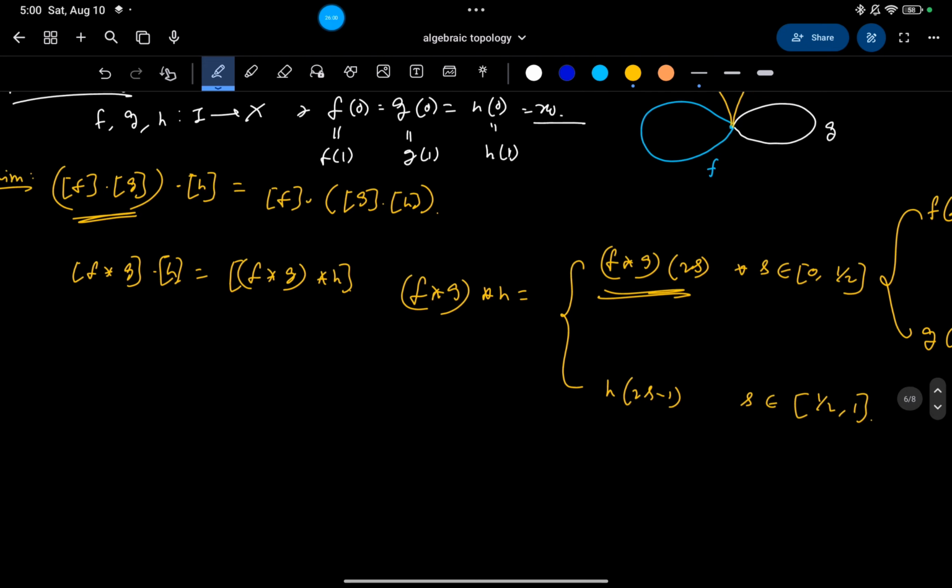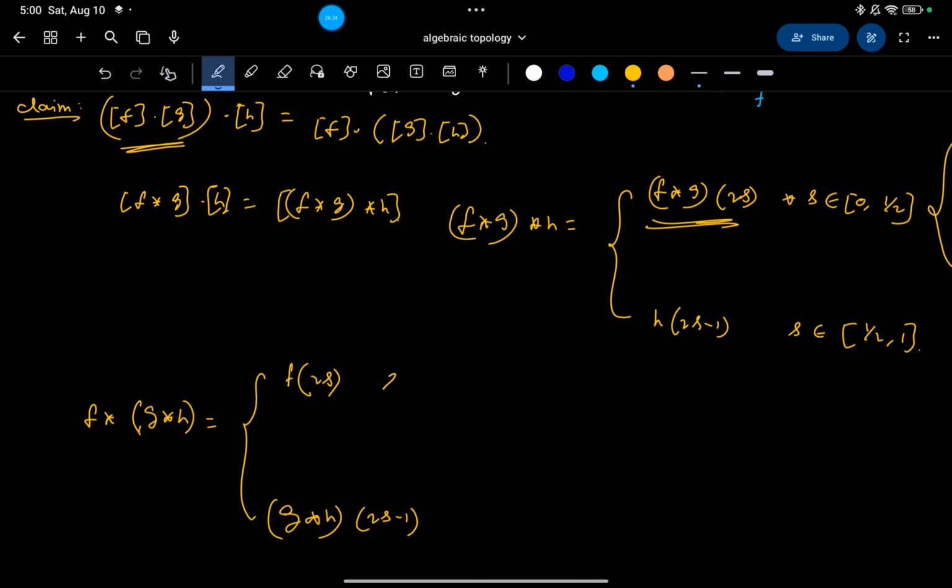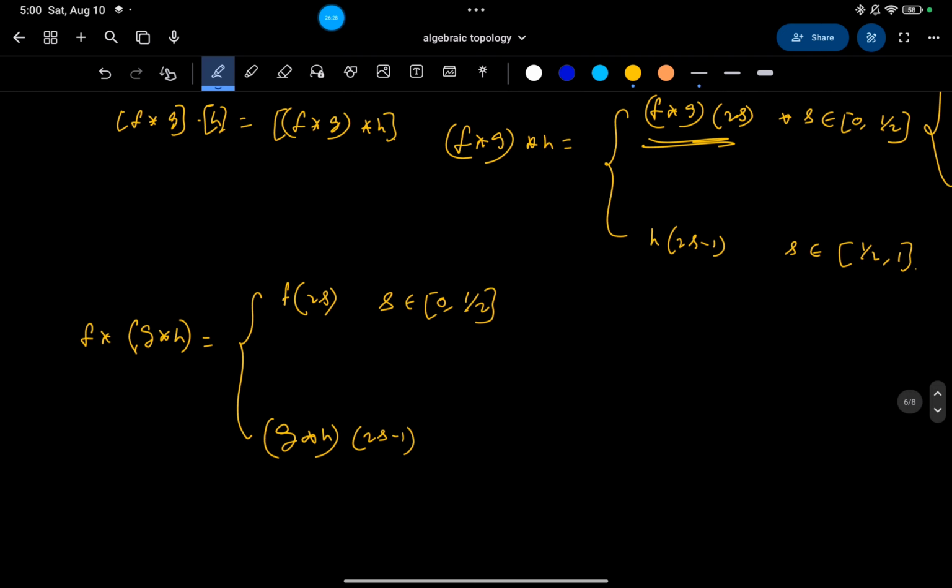On the other hand, what about f star of g star h? It is nothing but f of 2s, g star h of 2s minus 1, where s belongs to 0 to half for f, and s belongs to half to 1 for g star h.